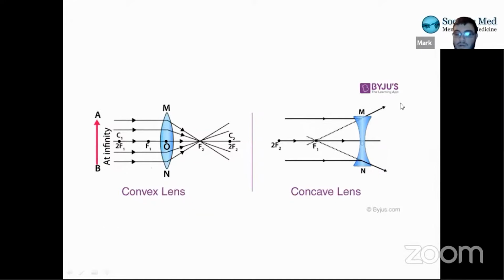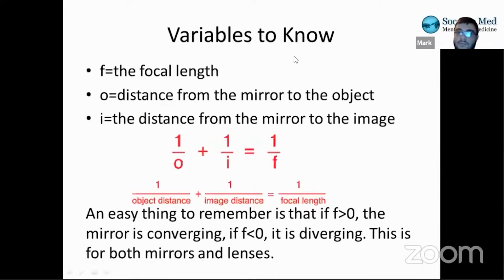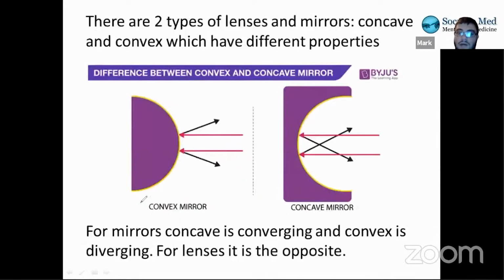Whereas for a convex mirror, they hit the mirror and bounce off away from each other, so they diverge. A concave mirror, they go towards each other, so they converge. Does that make sense?